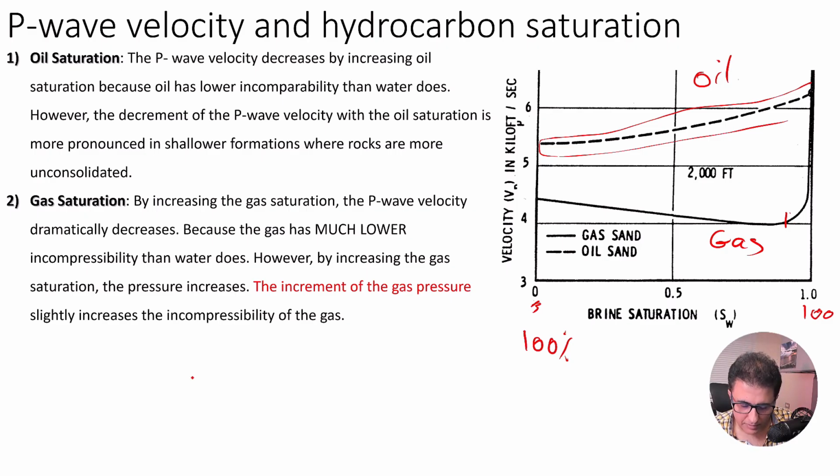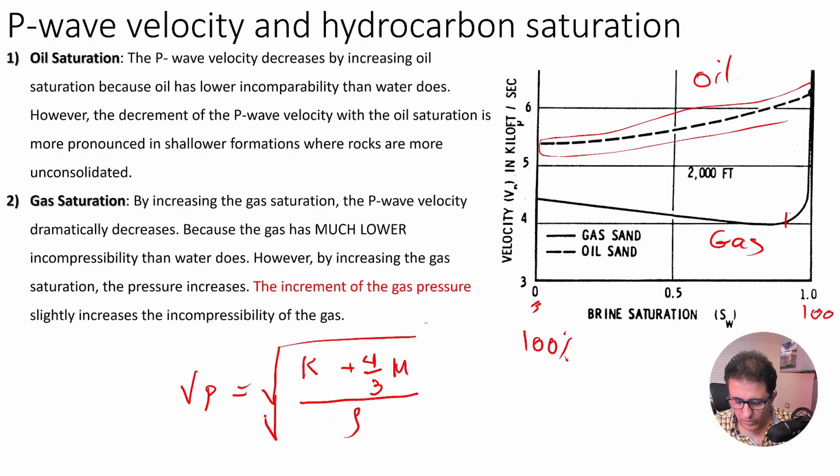So now let's go back to our equation that you see here for the seismic velocity. We learned that this is the equation for seismic velocity in a rock, and here K is incompressibility and U is rigidity.